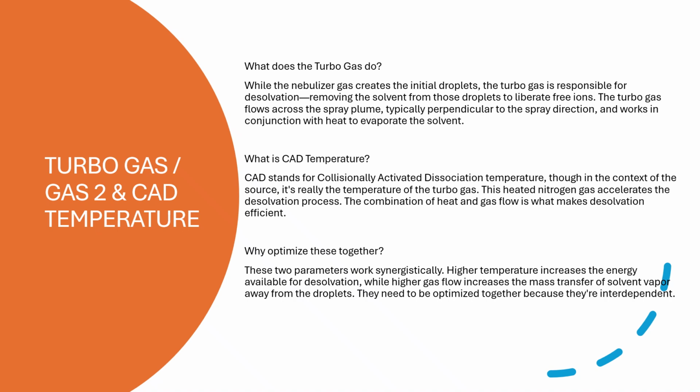And thermally sensitive compounds like proteins, peptides or compounds with labile functional groups may require a lower temperature of about 300 to 400 degrees Celsius. So you need to optimize your source temperature as per the requirement of your target analyte.